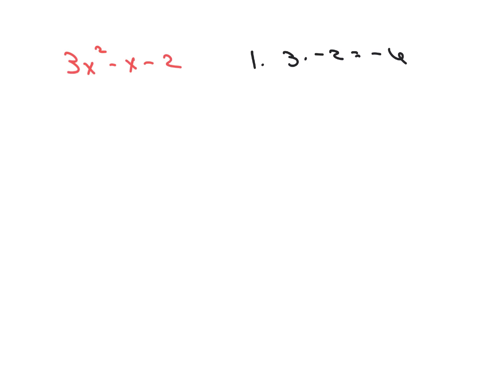Now what we're going to do is go to the second step. We're going to find all of the factors of negative 6. Negative 6 and 1, 6 and negative 1, 3, negative 2, negative 3, and 2. Okay, so that's step 2. Step 3 is we are going to find which of these pairs of numbers here added up give me a negative 1 here.